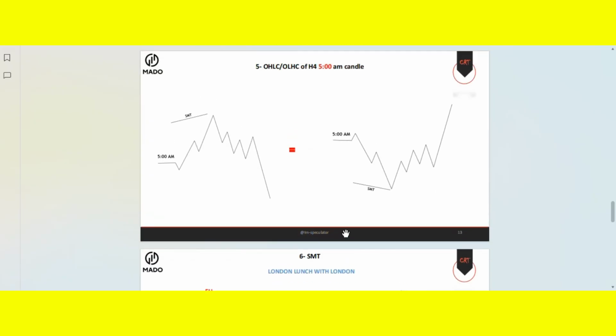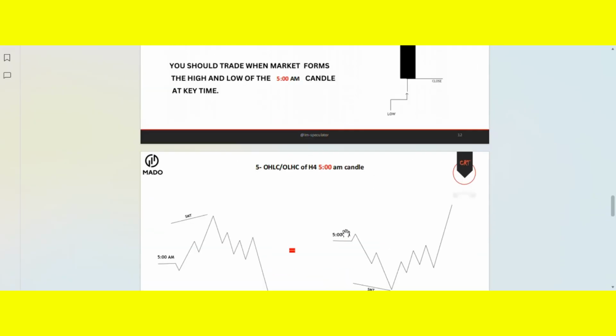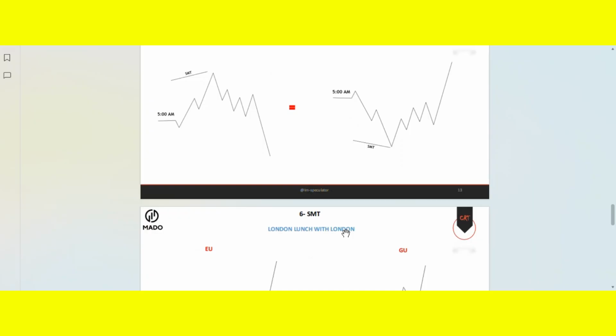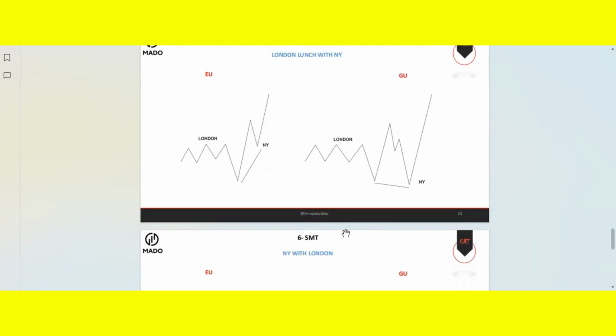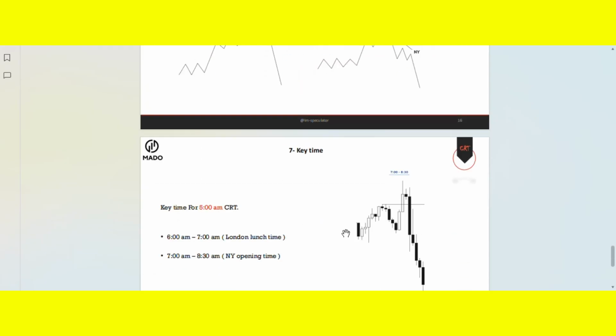So some pairs correlate. So I think I've explained most of the things which I wanted to. So most of these things are just by repetition. So this is the key time to trade the CRT or the 5M CRT.